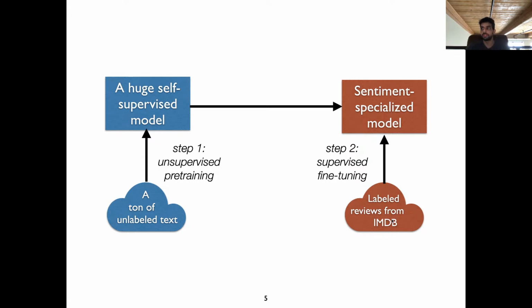So we have some labeled reviews from IMDb, and we perform supervised fine-tuning on our giant language model to make it specialized to the task of sentiment analysis. So in this lecture, we'll go over the stuff that is required to get this second step to work and some of the important ideas that have been proposed in the field to further this paradigm.